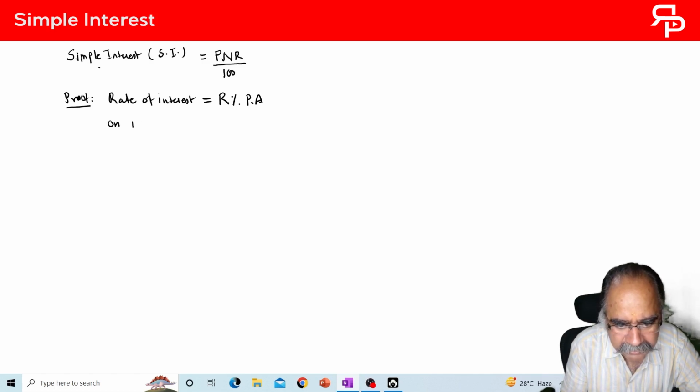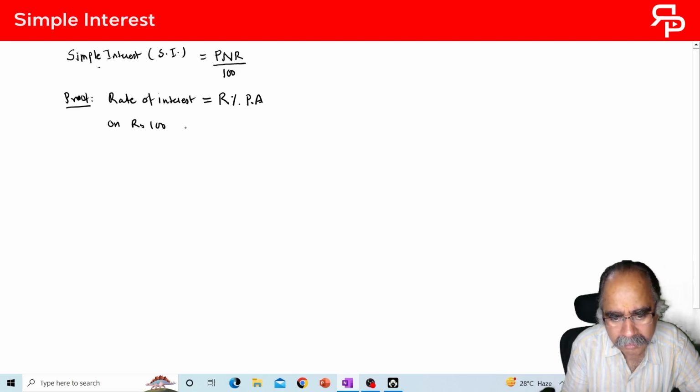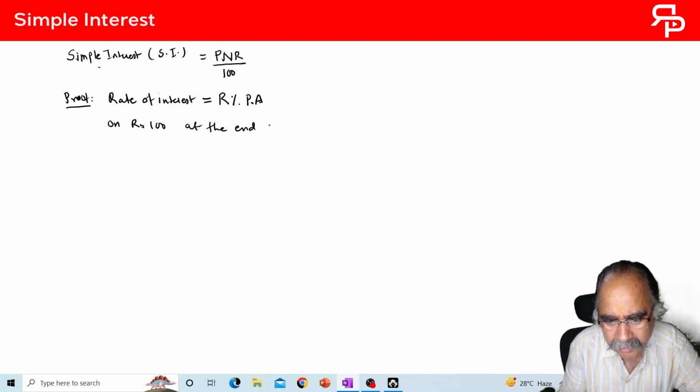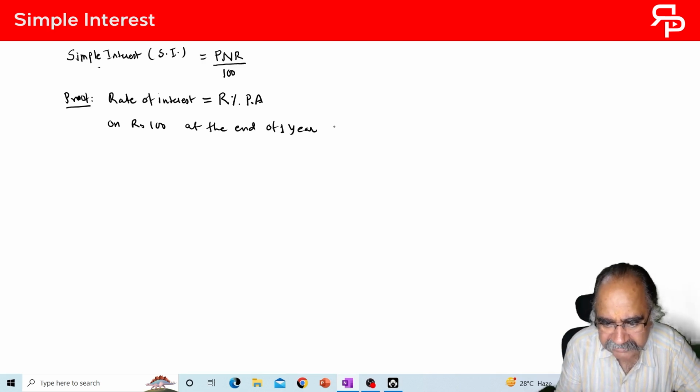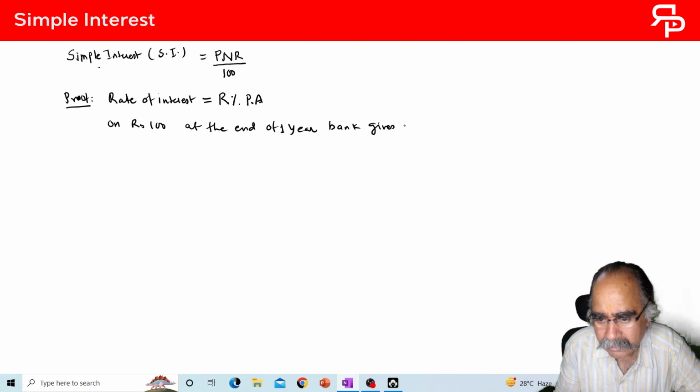on rupees 100, at the end of every year, at the end of 1 year, the bank is giving me R rupees interest.